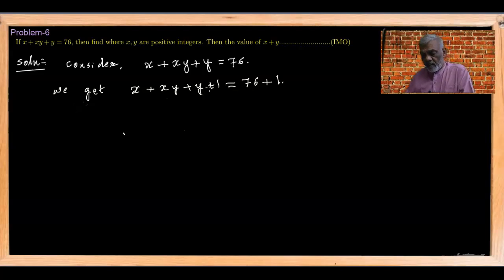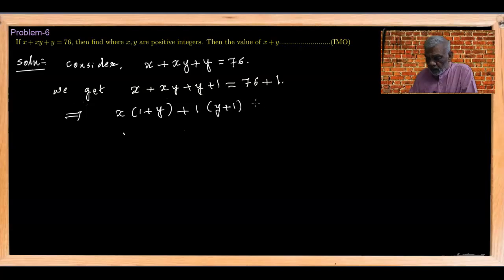And because we have added 1 to both sides of the equation, this implies x into bracket 1 plus y, plus 1 into y plus 1, is equal to 77, and this implies x plus 1 into y plus 1 is equal to 77, by rewriting 1 plus y.